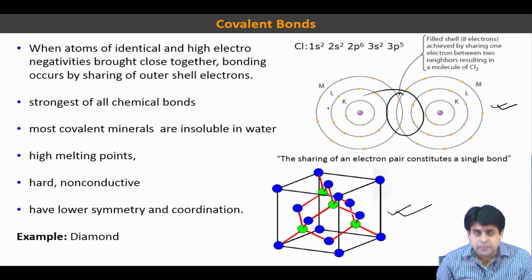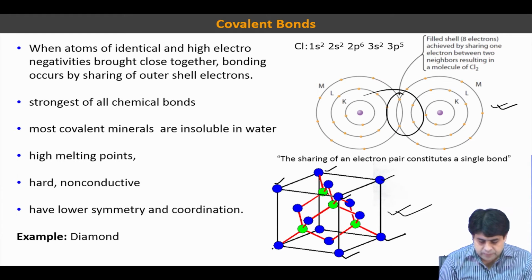If you see the diamond atoms, they are mostly made of this covalent bond. In the diamond structure, you have 8 atoms placed at the corners of the cube, and then 6 more atoms placed at the center of each of the 6 faces.